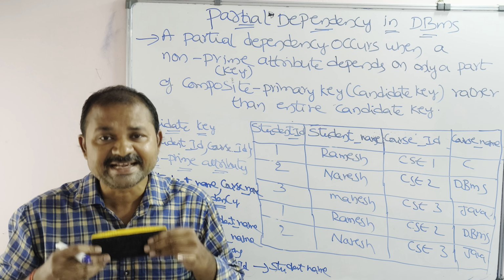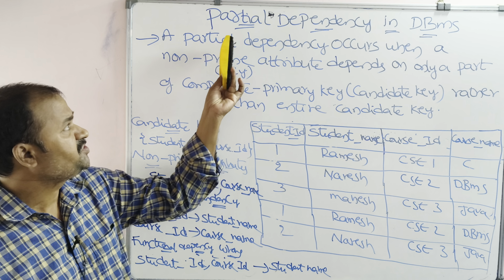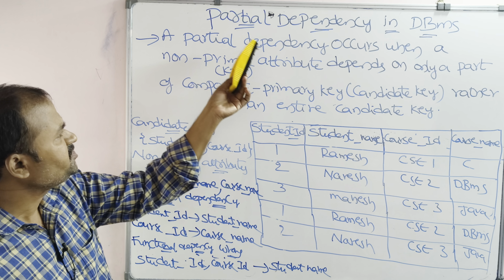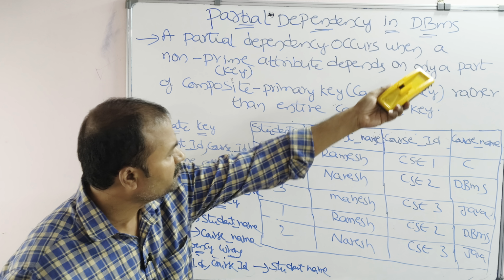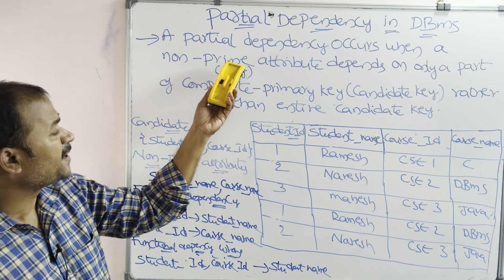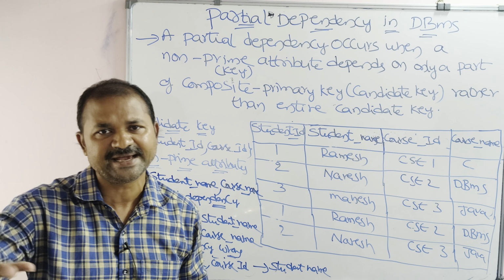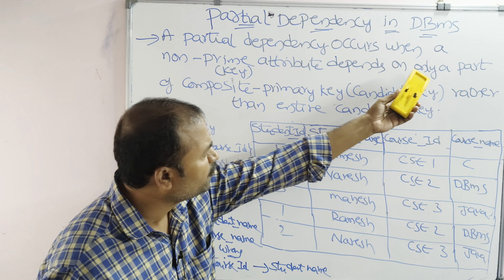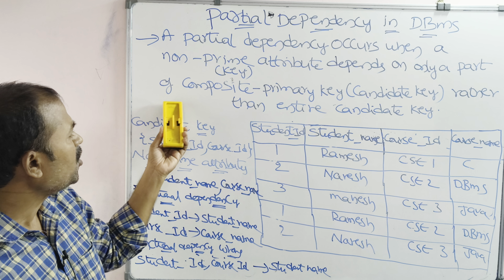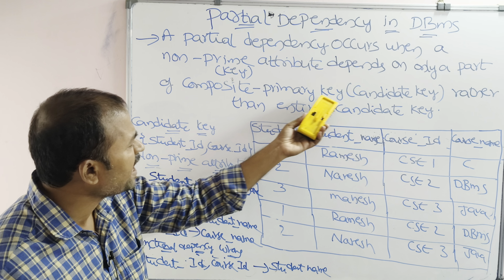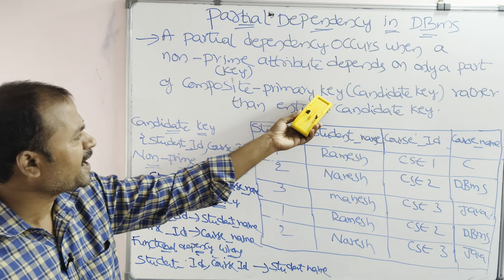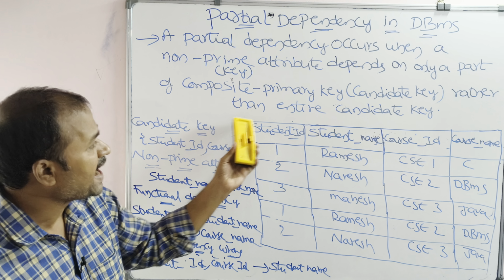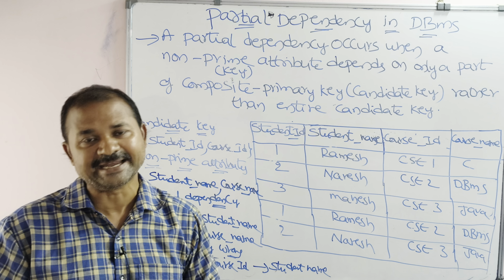Now let us discuss partial dependency in DBMS. A partial dependency occurs when a non-prime attribute (prime can also be called key) depends on only a part of the composite primary key, which can also be called the candidate key, rather than the entire candidate key.